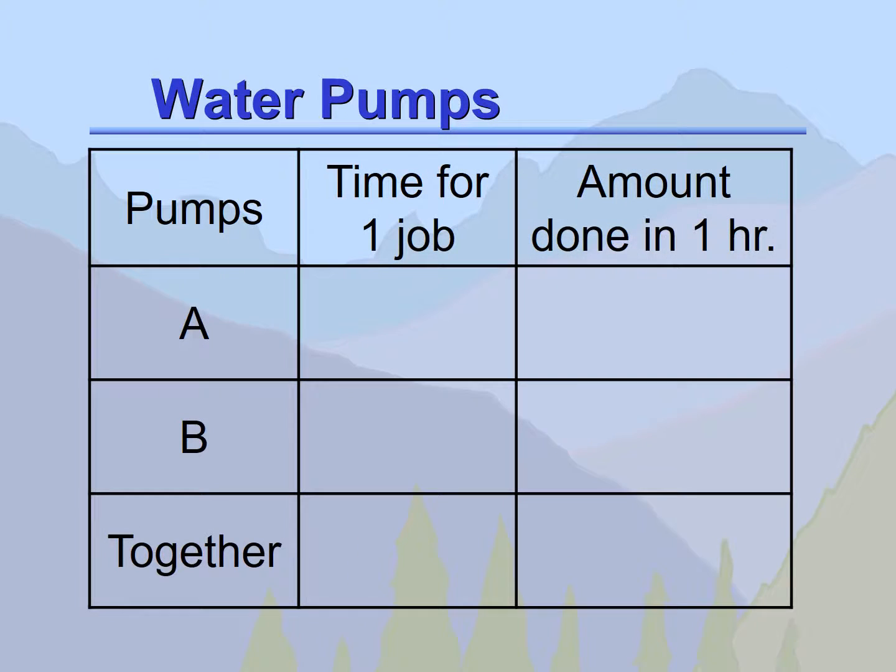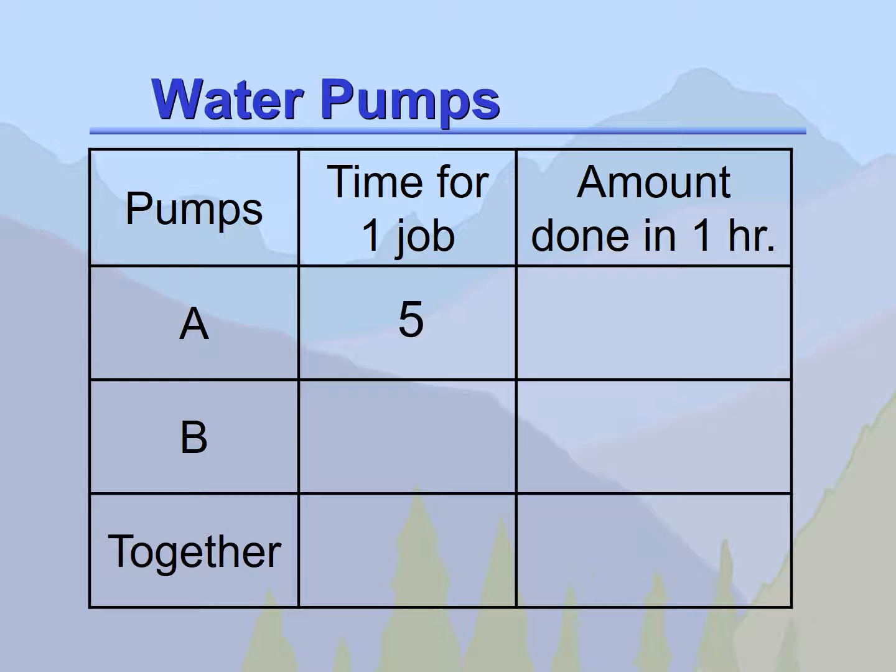So we still use the same setup for our chart. Remember, the first column is where you list them, and then you have one row for them together. So here's pump A, here's pump B, the second pump, and then here they are together. The second column is the time for one job. When A was going by itself, it took 5 hours.